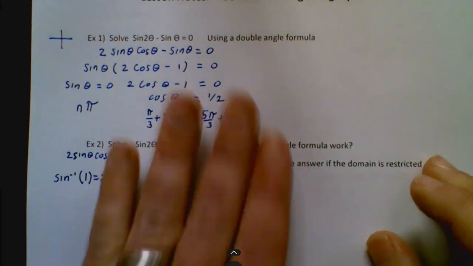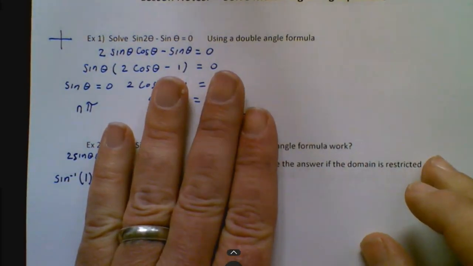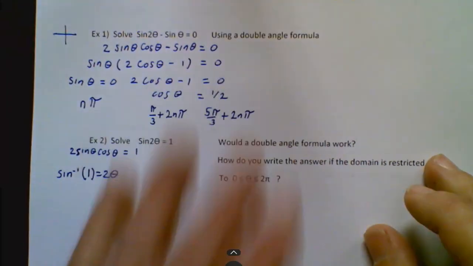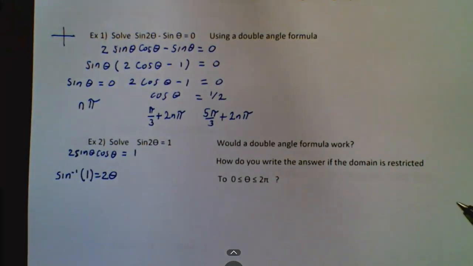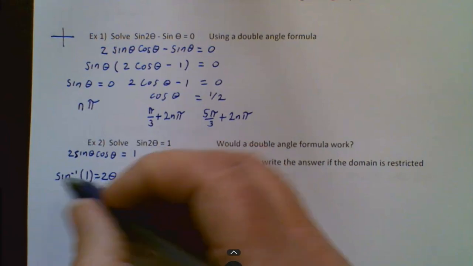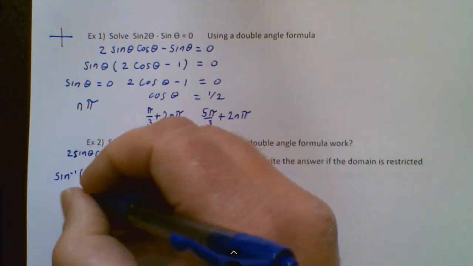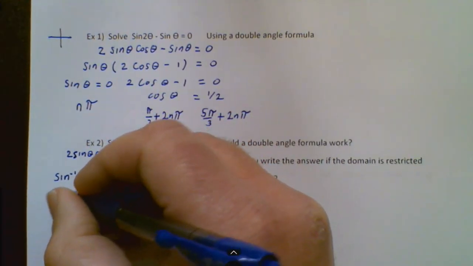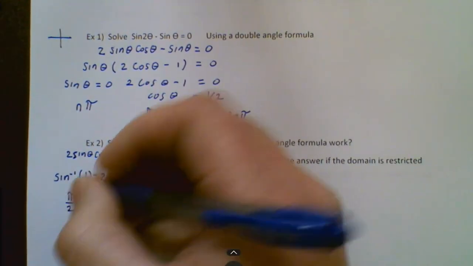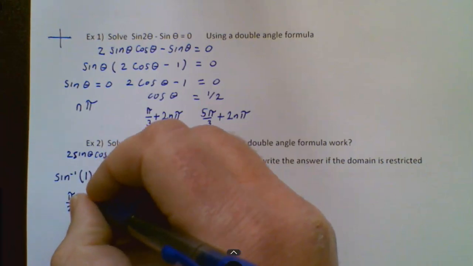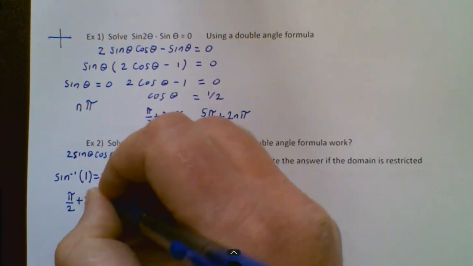Ignore this side for a minute. So the sine of what angle is 1? We know that occurs at pi over 2. And that would occur again every 2 pi, so we'd say plus 2n pi.